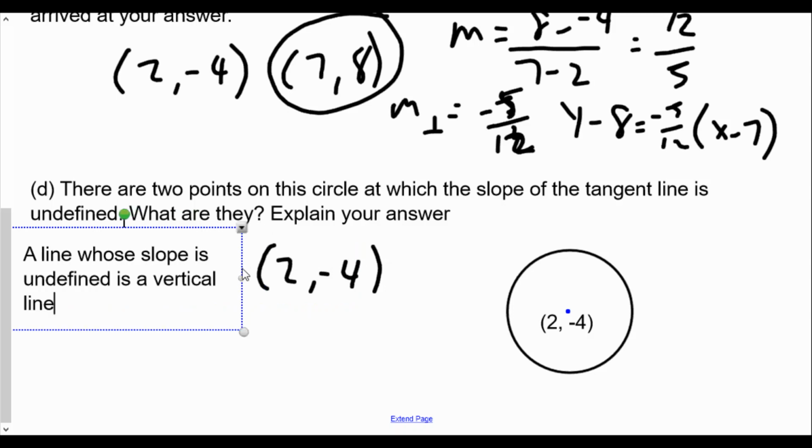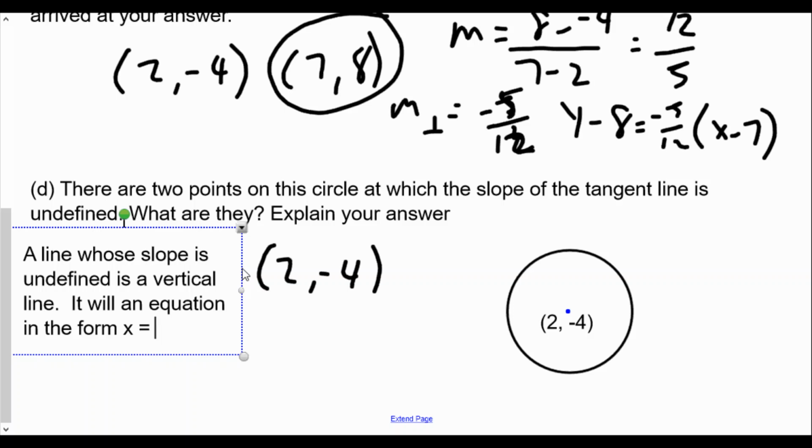Okay, and so this vertical line will have an equation in the form x equals c, where c is a constant. Now, here we want to find this.